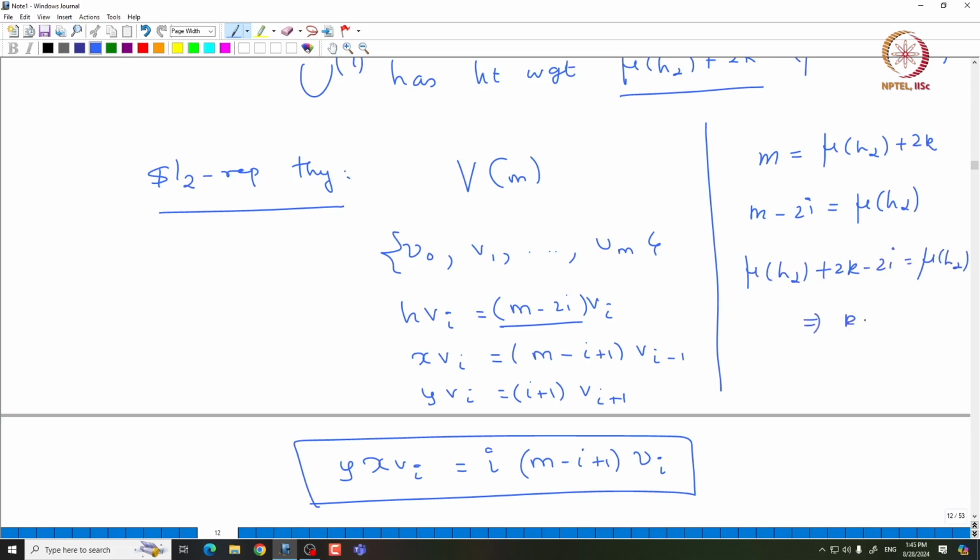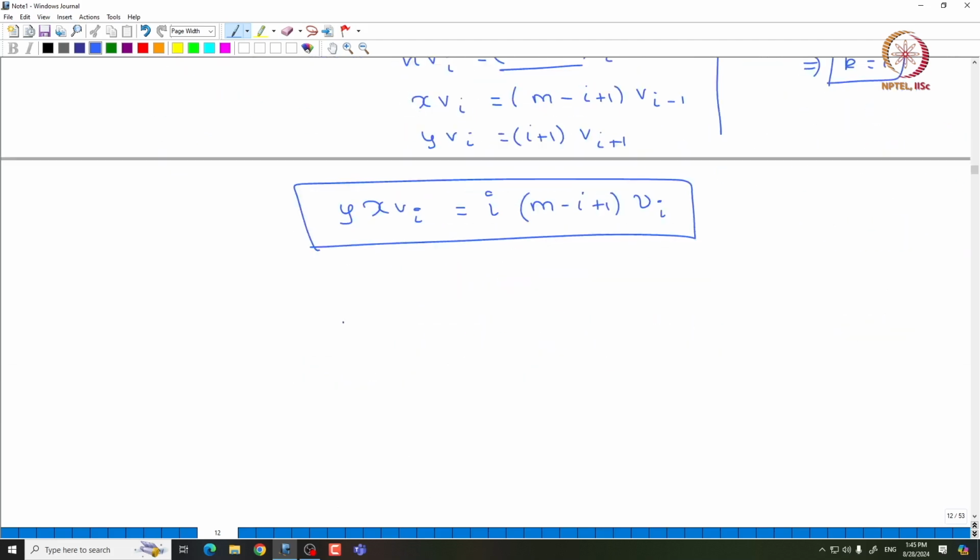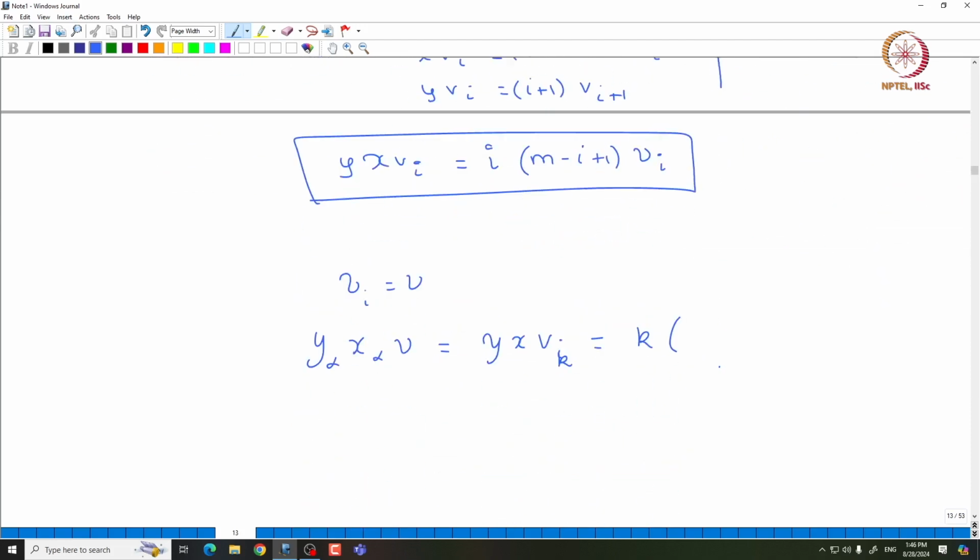So, that forces k to be equal to i. So, in particular this Vi corresponds to V. So, if I take this y alpha x alpha acting on this V, it is the same as this yx acting on Vi, which gives us, since i is equal to k, so we can call it k. Then this y alpha x alpha acting on this V exactly gives us k times m, which is nothing but mu of h alpha plus 2k.